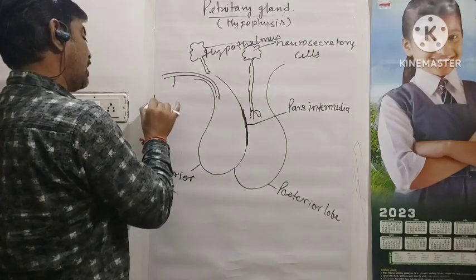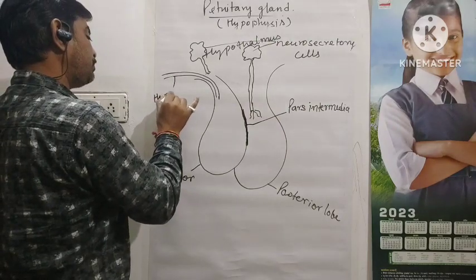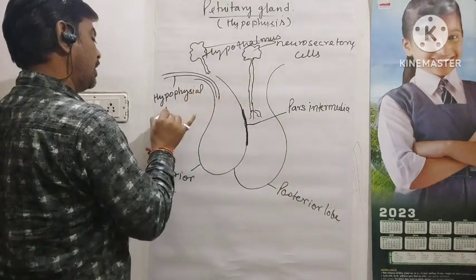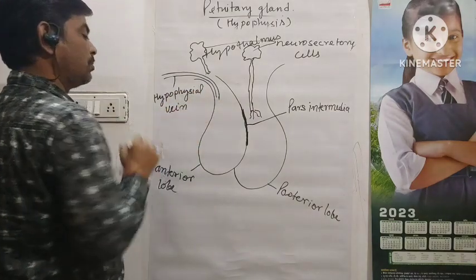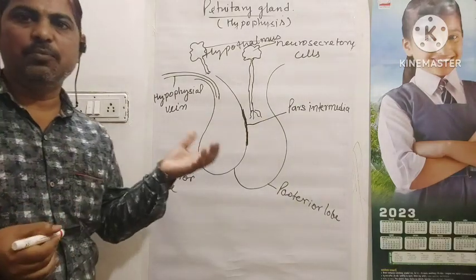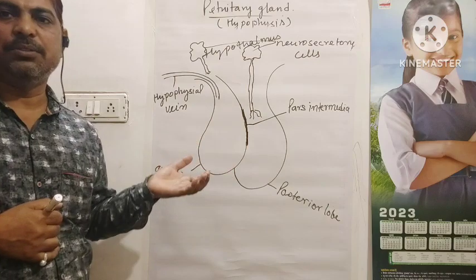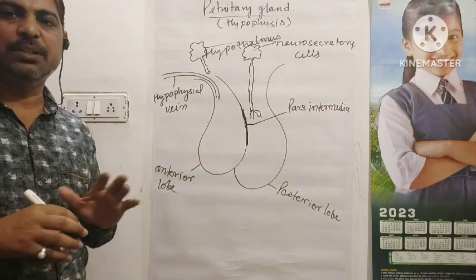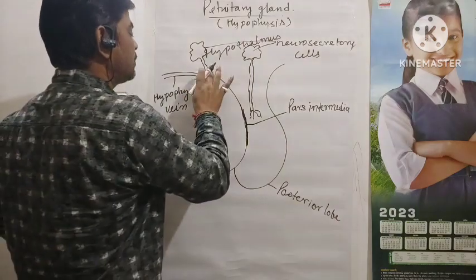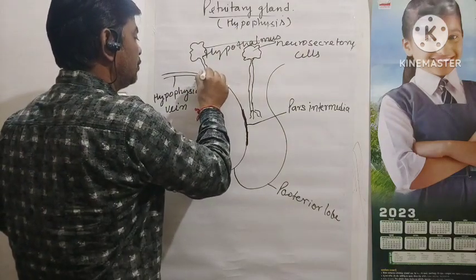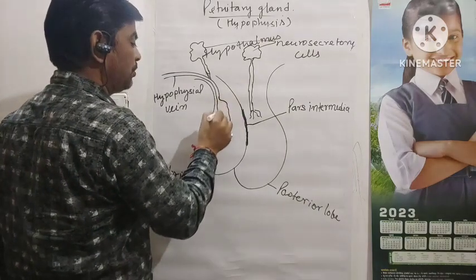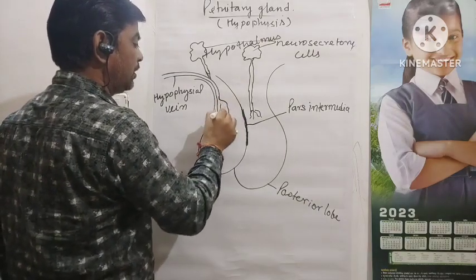A portal system carries blood from one part of the body to another without going anywhere else before. So here the neurosecretory cells secrete the hormones.